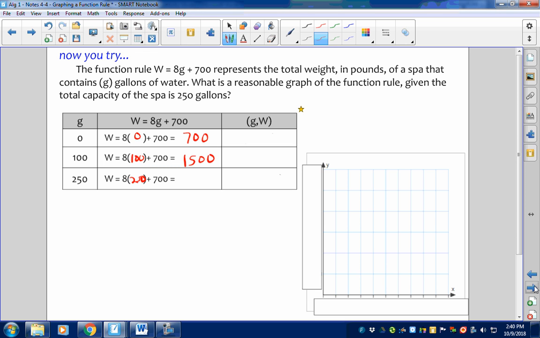And 250, 2000, 2700. Your middle one will be different if you chose 125. 1700. Yeah, I remember that number. That's what I chose. Great minds think alike, and sit in the front row. Even if we don't think alike.